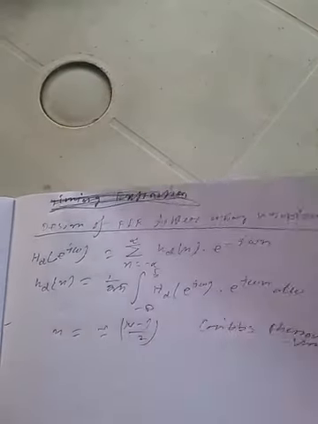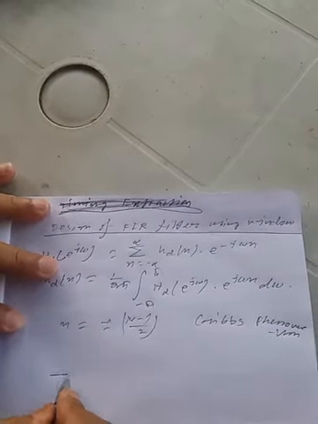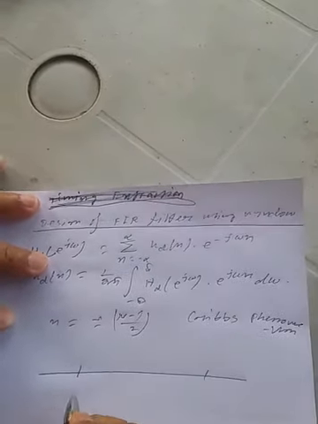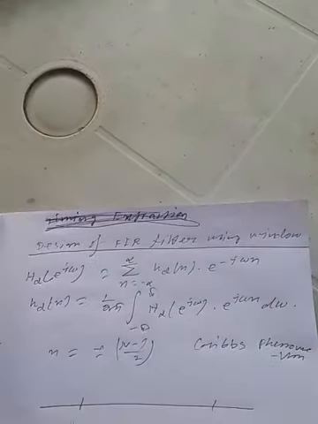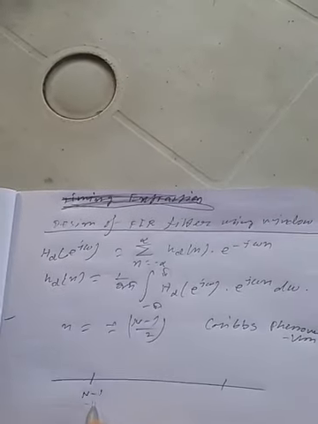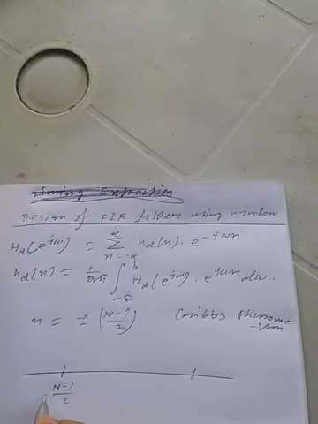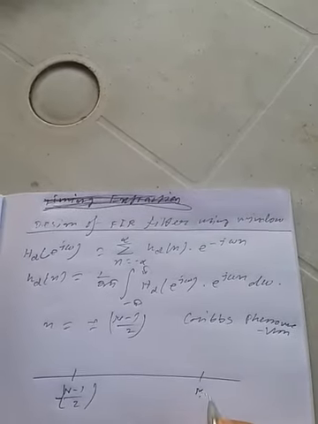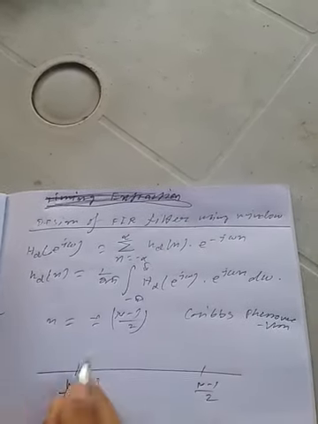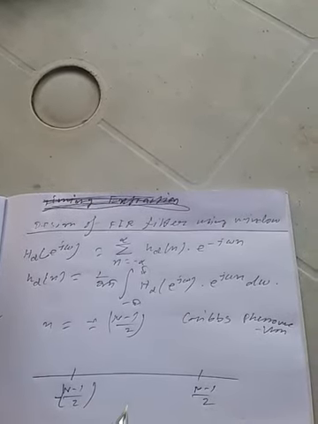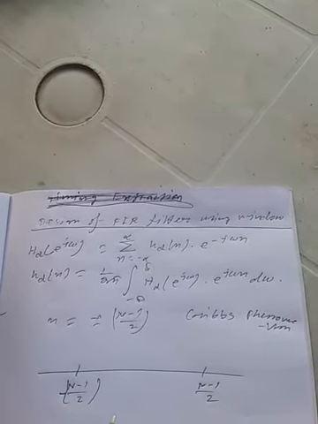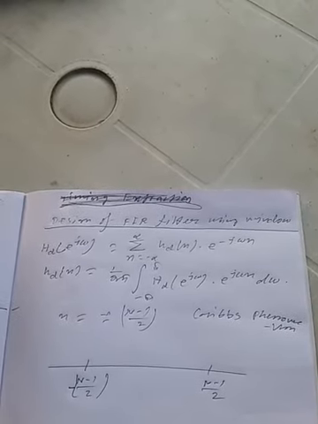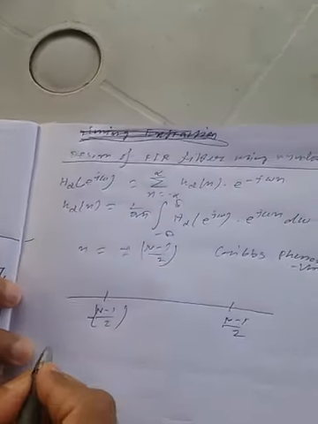When we are truncating the infinite duration sequence, suppose this is the infinite duration sequence and we are just truncating the sequence to get a finite value from minus (N minus 1)/2 to (N minus 1)/2, so that it will be of finite duration. But abrupt truncation of this Fourier series results in oscillation in the passband.